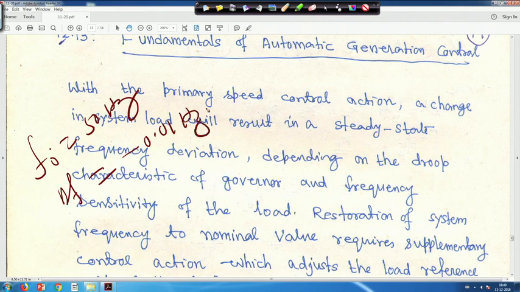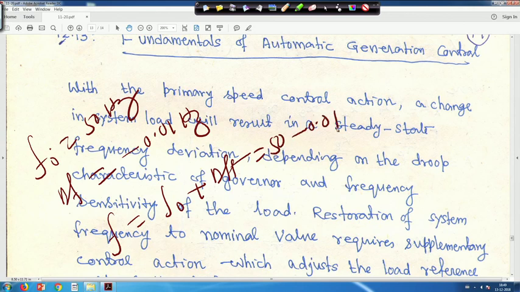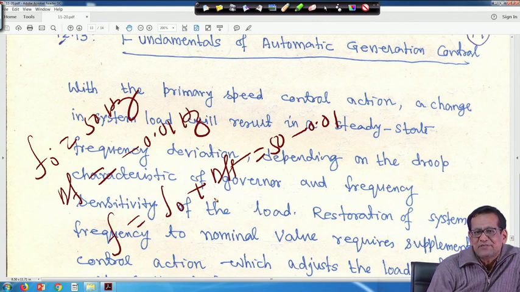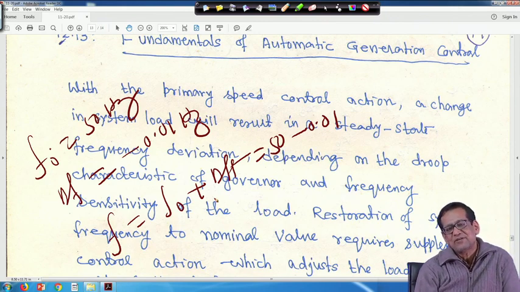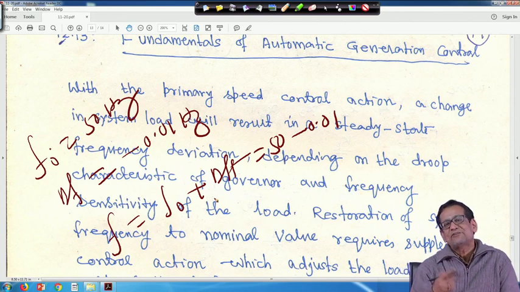So this is delta f. What is the frequency at steady state? The frequency at steady state will be f0 plus delta f, that is 50 minus 0.01. So it is not exactly at 50 hertz, but less than 50 hertz for an increase of load. The same will happen for a decrease of load, where the frequency will increase.